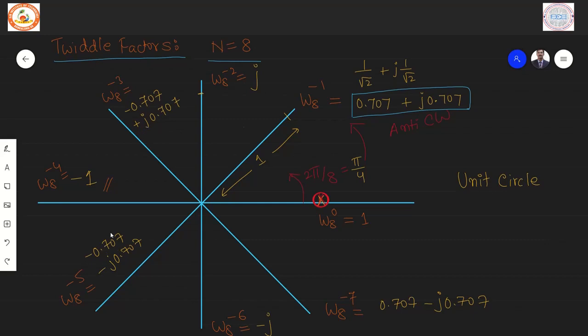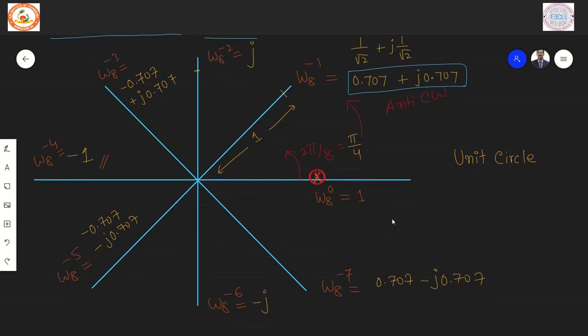So in the third quadrant we know both are negative. Here the real part is positive, imaginary is negative. Here the real part is negative, imaginary is positive. Like this we can determine the values, and we already know the values here are 1, j, minus 1 and minus j. So we have the first 8 twiddle factor powers.